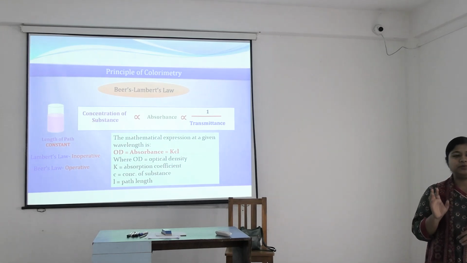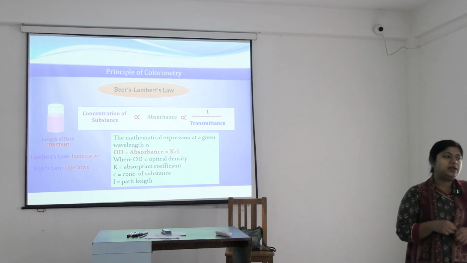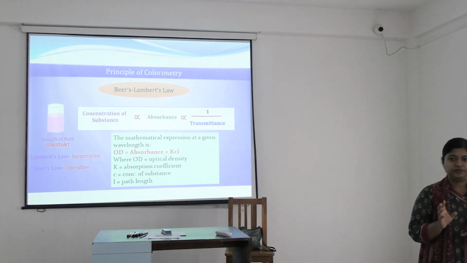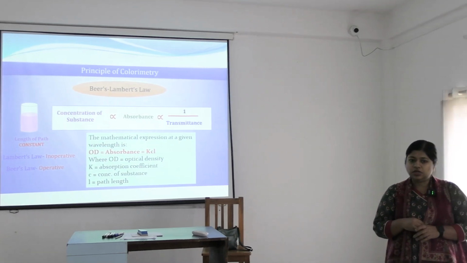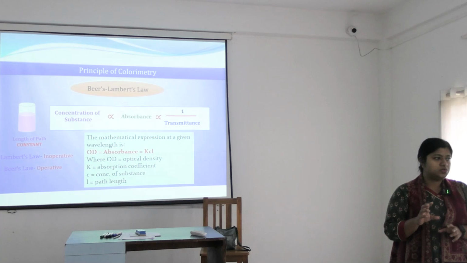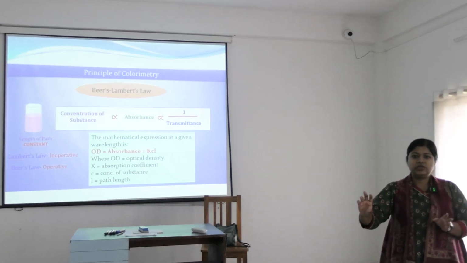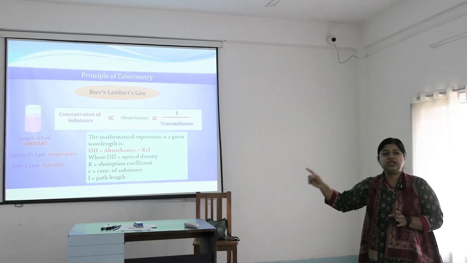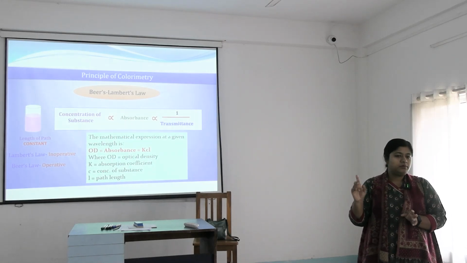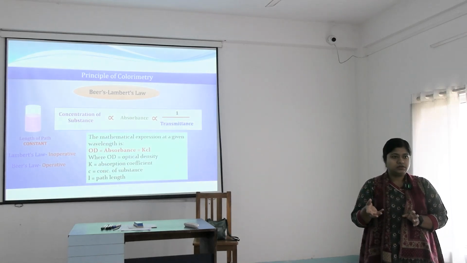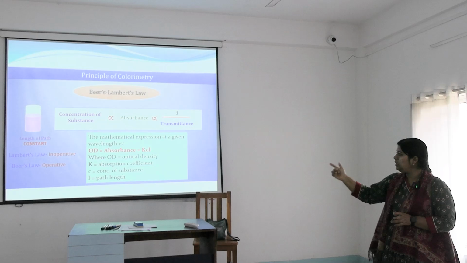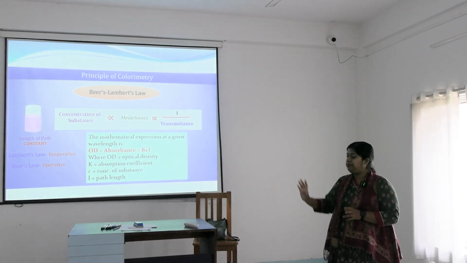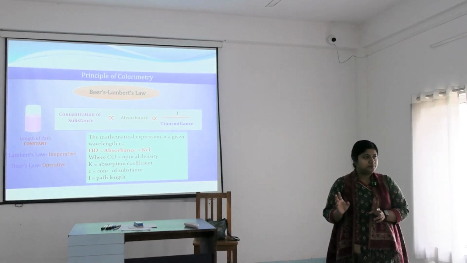a particular substance. Suppose we are preparing a glucose solution. So for glucose, in different concentration glucose solution, absorption coefficient will be same because the substance is glucose. Okay. But we have kept the path length constant.